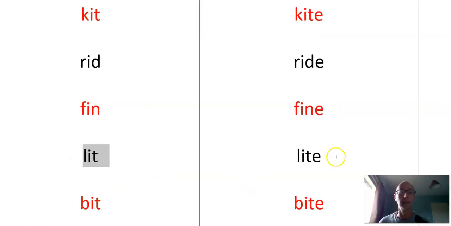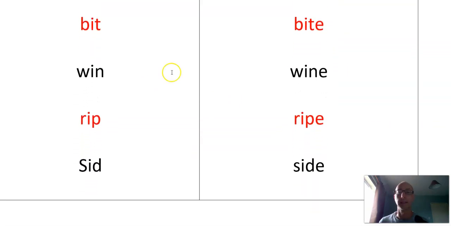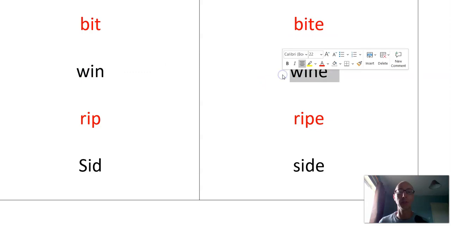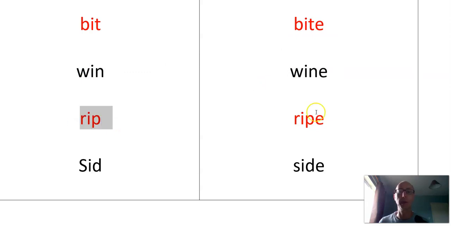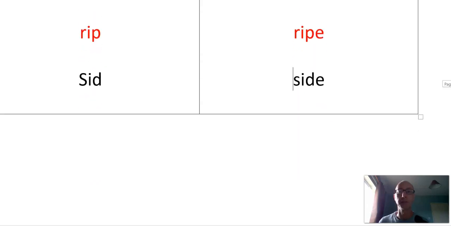Lit, light. Bit, bite. Win, wine, we've already seen that. Rip, ripe, and do the last one. What's this? How do we say this? Sid, and this changes to side. Okay, so don't worry about the meanings of any of these words. It's just the sound we're looking at first.